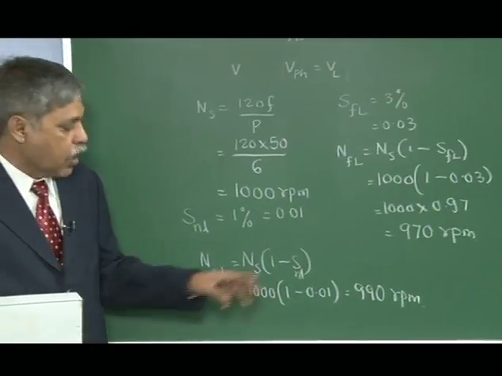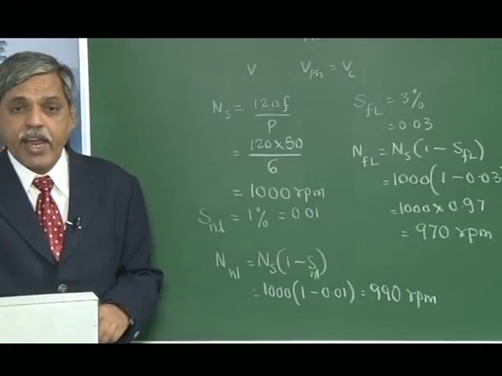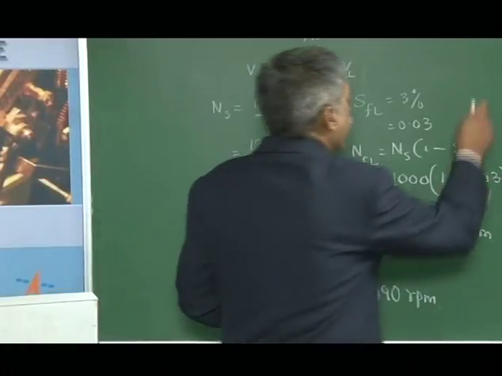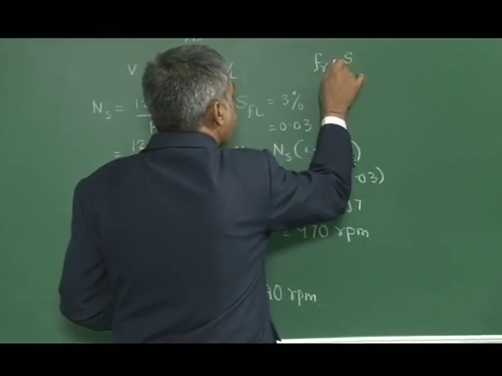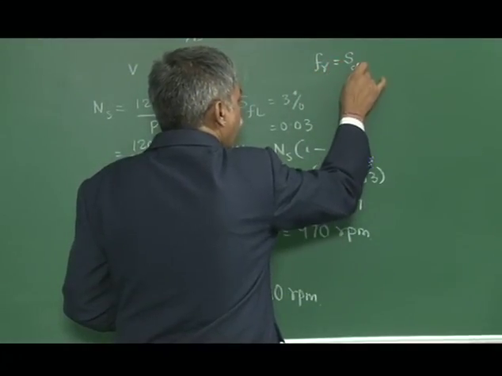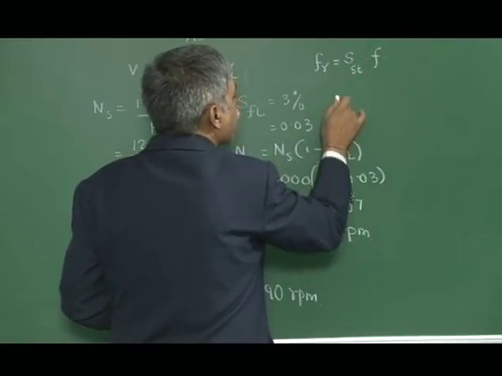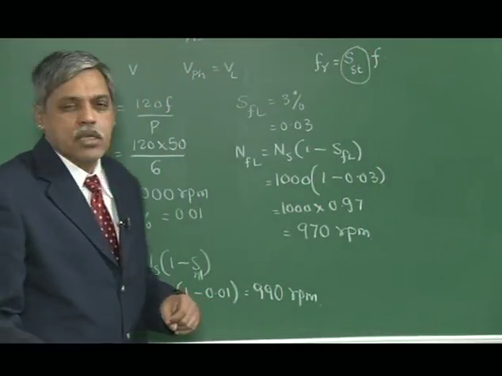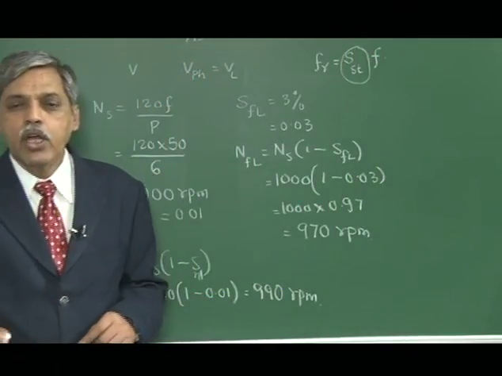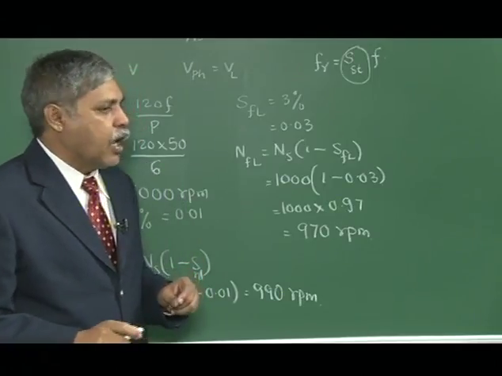Then, coming to the frequency of the rotor current at standstill, FR will be equal to the slip at standstill multiplied by the supply frequency. What do we mean by standstill condition? Standstill condition means the rotating part of the motor remains stationary.